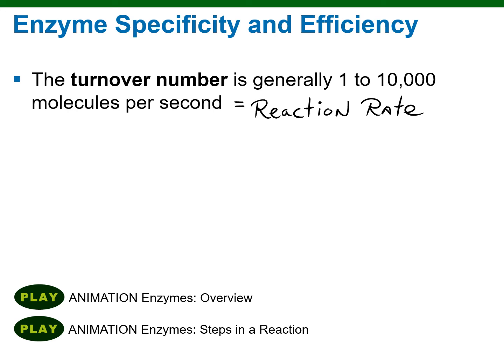So reaction rates can be extremely fast and difficult to conceptualize, but nevertheless, these are the numbers that have come out of enzymology, the study of enzymes and how efficient they are at turning over chemical reactions.